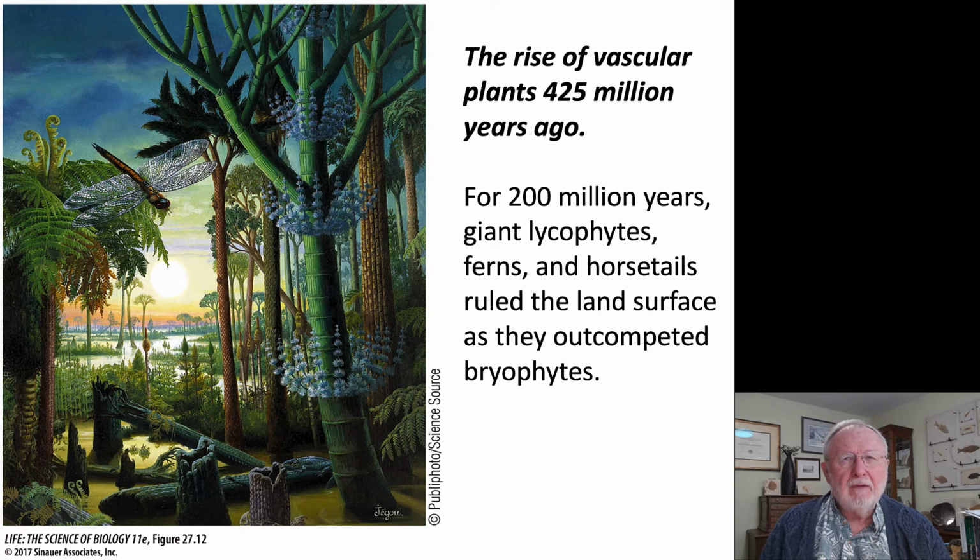And for about 200 million years, giant lycophytes, very primitive vascular plants, horsetails, and some ferns began to dominate the land surface, and they outcompeted bryophytes. So bryophytes had a much more limited distribution, still close to water, and requiring the presence of water because they didn't have a vascular tissue.